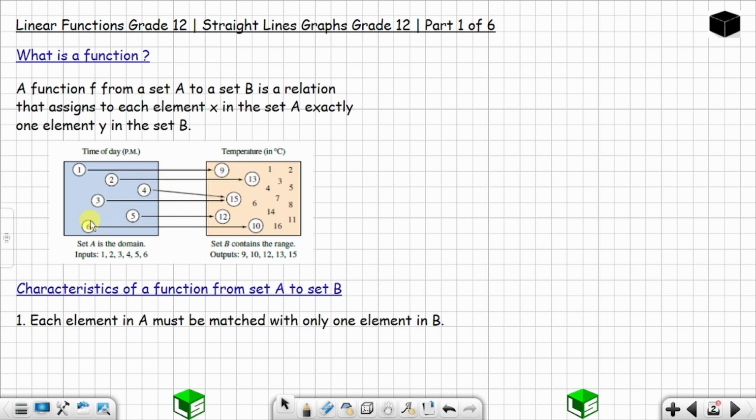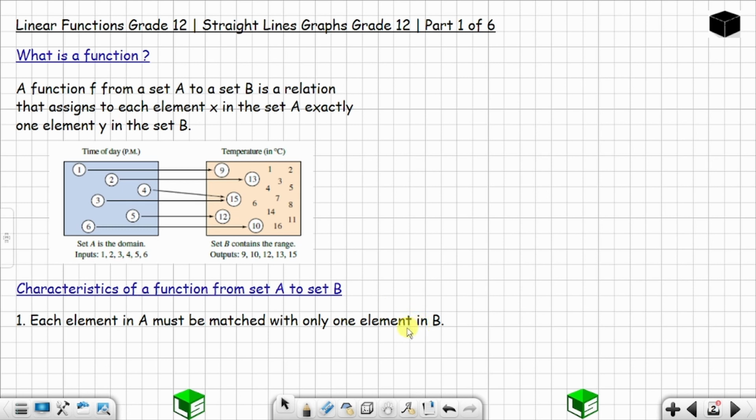All of them are matching up with only one element in B. You will not see, for example, 1 matching up with 9 and again 1 matching up with any other element. So this is one characteristic of a function.